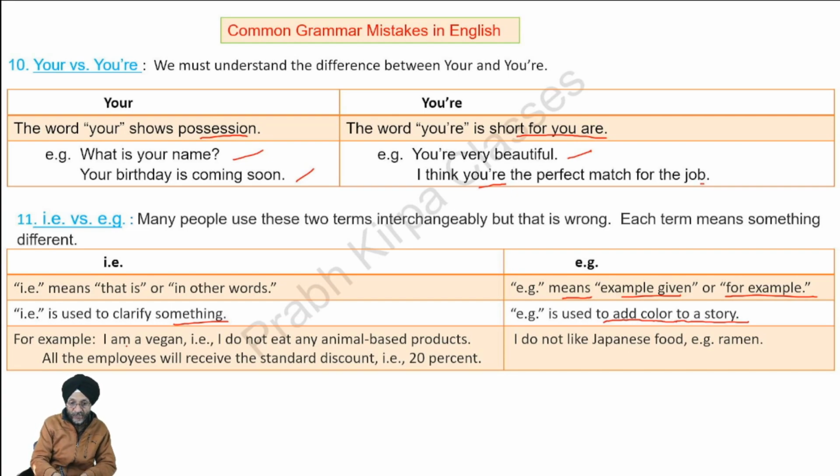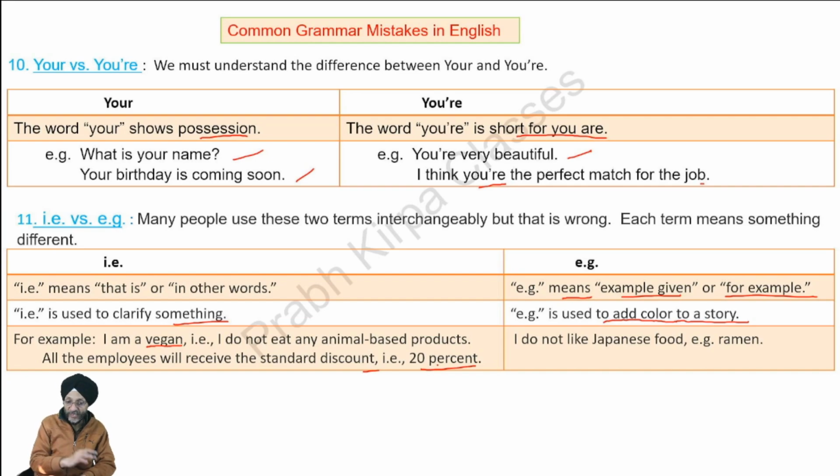For example, if I say I am a vegan, that is, I do not eat any animal-based products. Here we are clarifying the word vegan. Next, all the employees will receive the standard discount, that is, 20%.